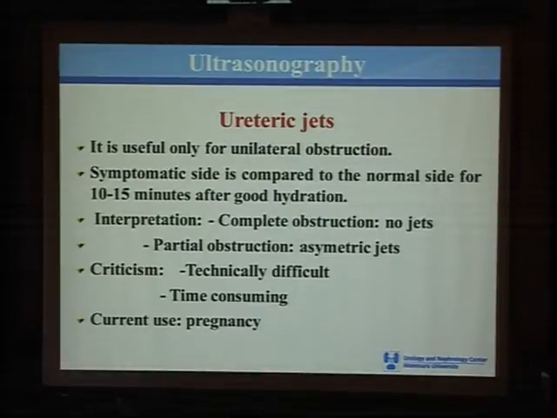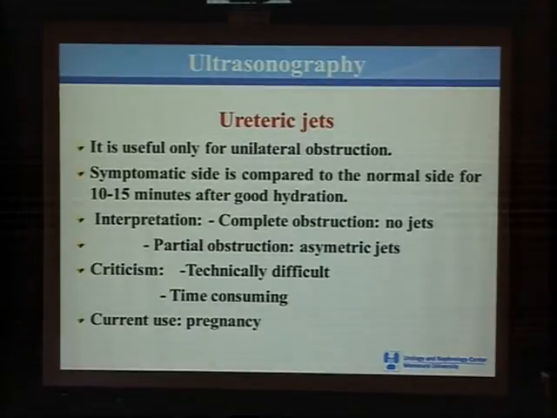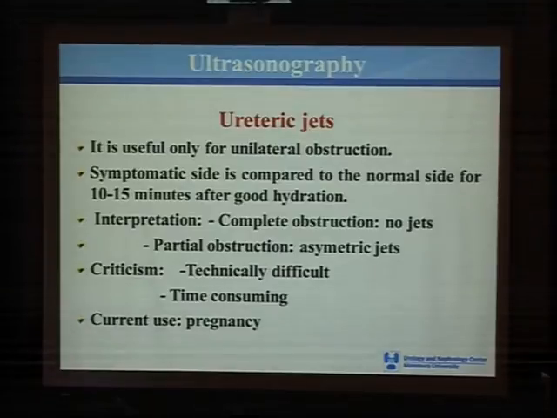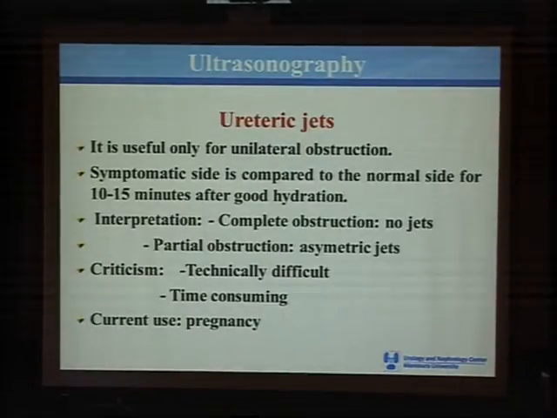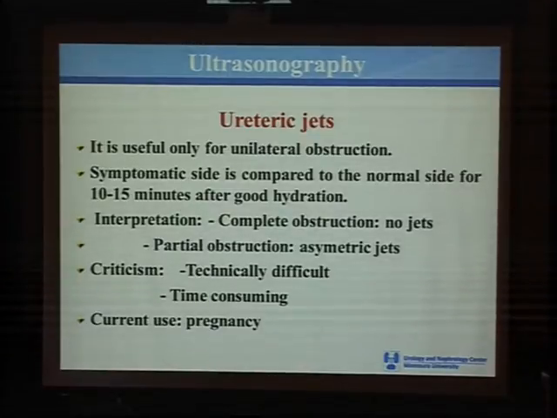This is very important in case of unilateral obstruction. You have to compare the obstructed versus the non-obstructed side. In case of acute complete obstruction, there will be no jets at all. One ureter is giving jets, and the other one, there are no jets at all.